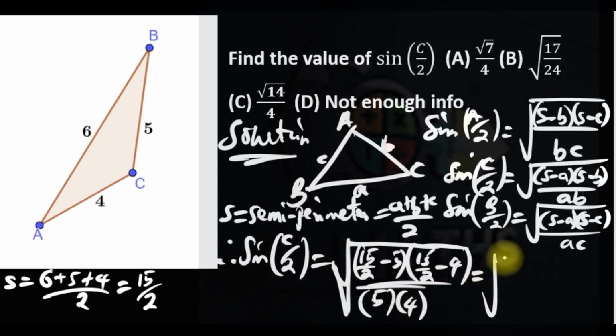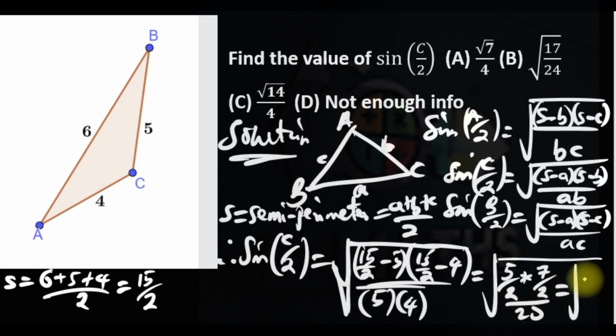So this is square root of 15 over 2 minus, that's 15 minus 10, 5 over 2, times this minus, that is 7 over 2, divided by 20. So this is square root of 35 over 4 goes down, 20 is 5 times 4, so I can have it as 5 times 16.